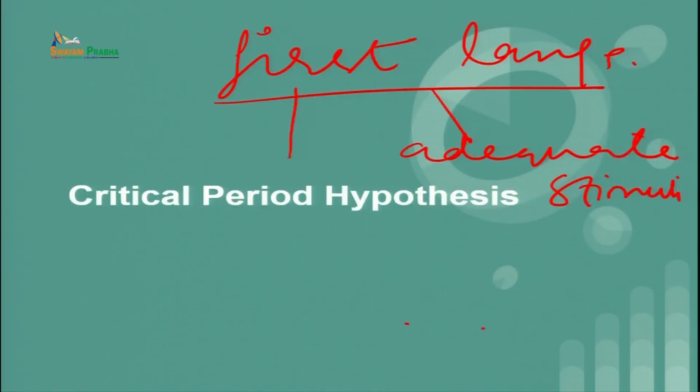Therefore, you can say that if language input does not occur after this time, at the age which is very critical, or you can say very important, where the acquisition or the learning takes place, at that point of time, if the stimuli does not take place in an adequate manner, then we will realize that the learner may or may not get a full command of language.